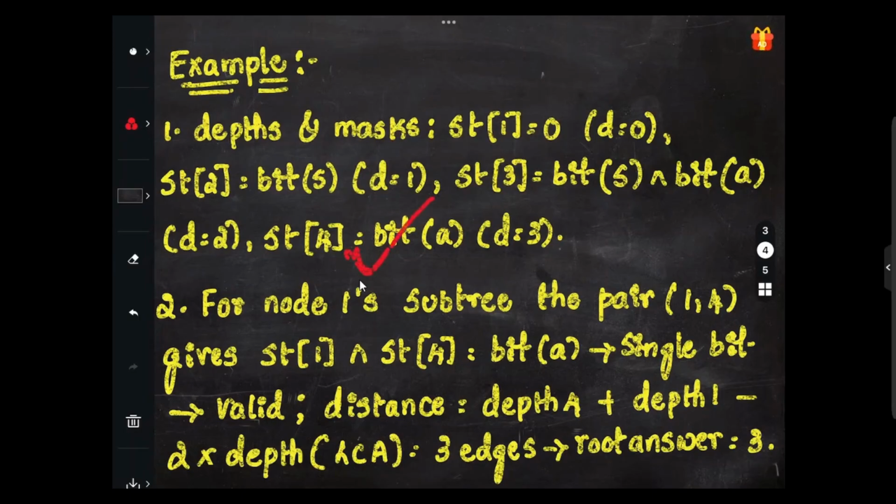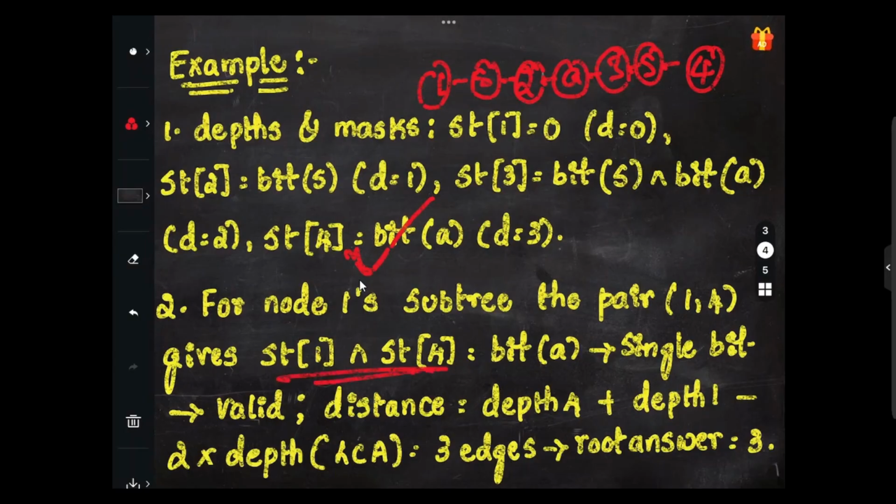For node 1 subtree, the pair 1 comma 4. So we have edges 1s, 2a, 3s, and this one is 4, right? For node 1 subtree, the pair 1 comma 4 gives st of 1 xor st of 4.